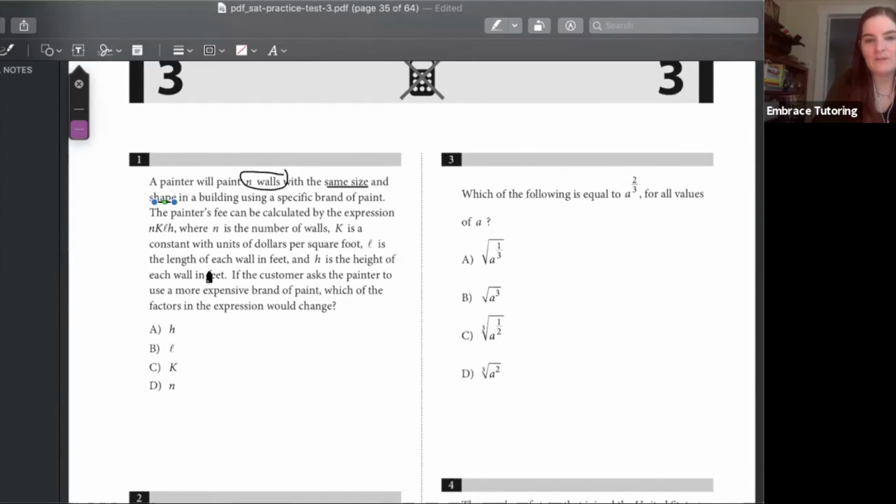The painter's fee can be calculated by the expression nKLH, where n is the number of walls, K is a constant with units of dollars per square foot, L is the length of each wall in feet, and H is the height of each wall in feet.